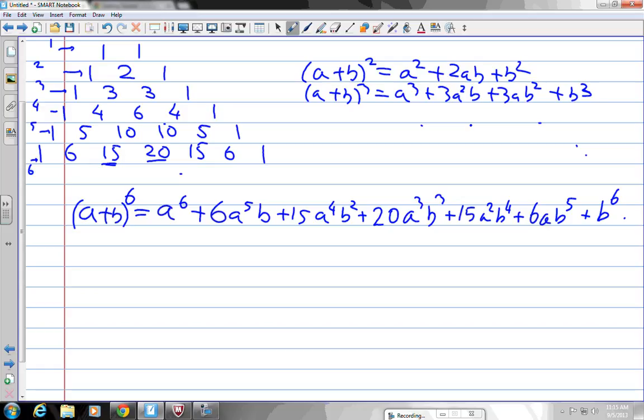In that final line of all those terms, I will have 15 a squared b to the 4th floating around. And if I don't even write a squared b to the 4th, I'll write A, B, B, A, B, B type of thing. There'll be 15 ways I can rearrange that.